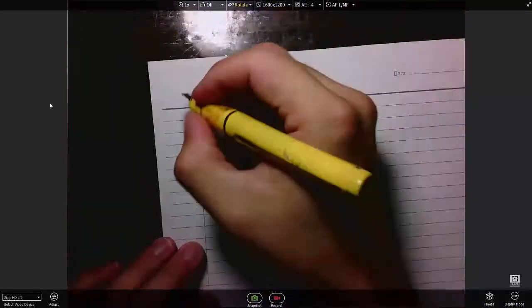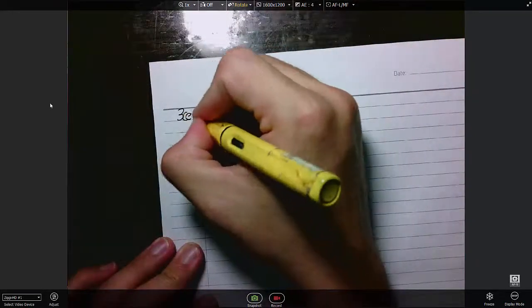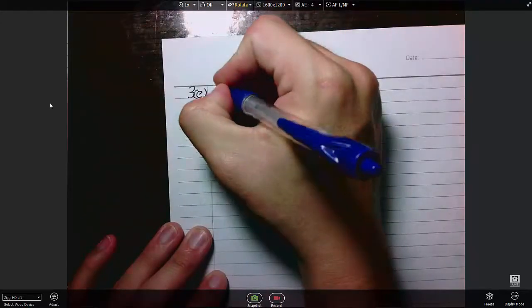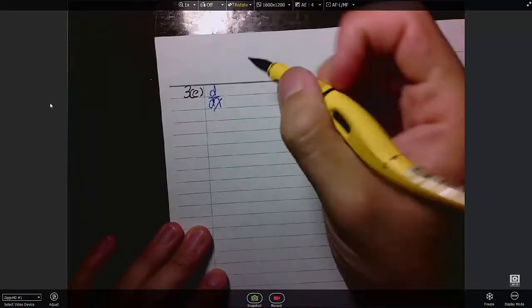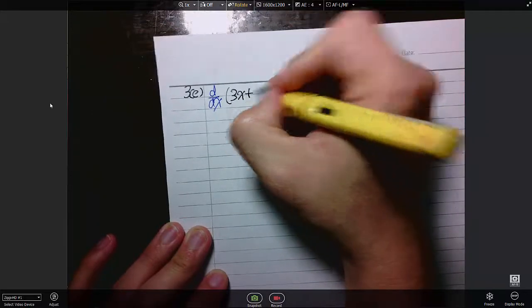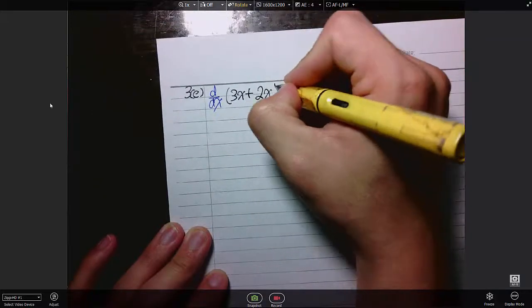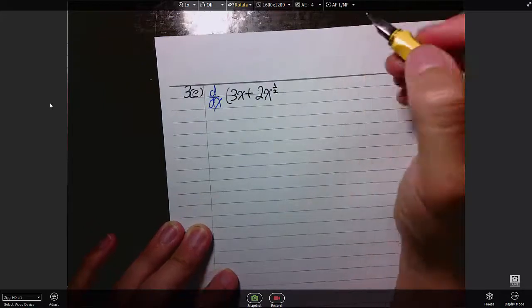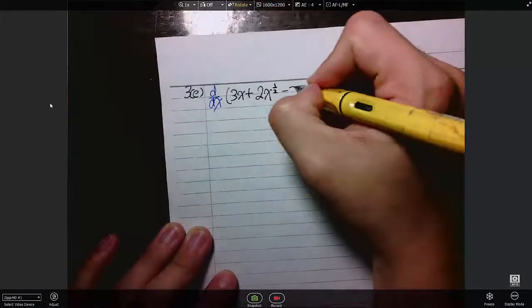Now 3e. Same thing, they tell us to differentiate 3x plus 2 root x minus 3. Once again, I will differentiate with respect to x the whole thing, 3x plus 2 root x minus 3. I can write it as 2 times x to the power of half, minus 3.